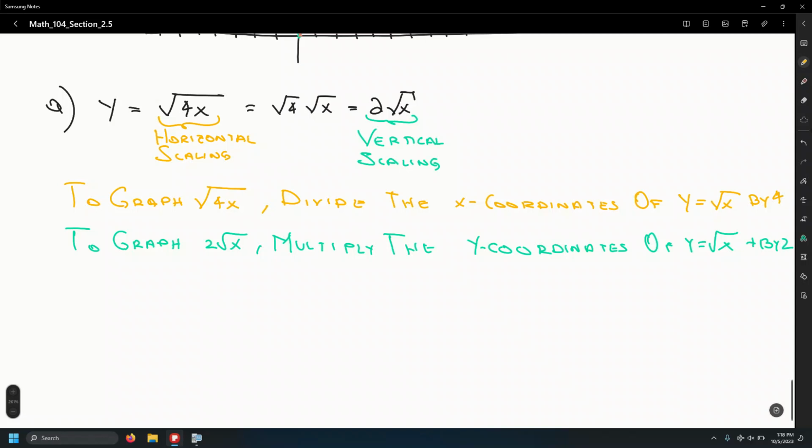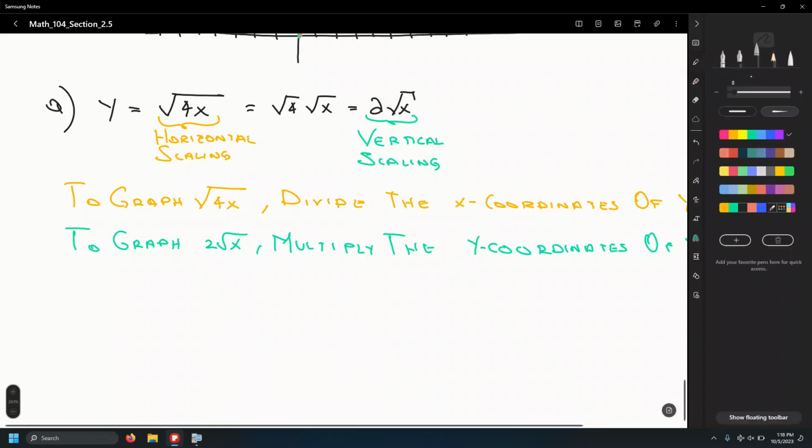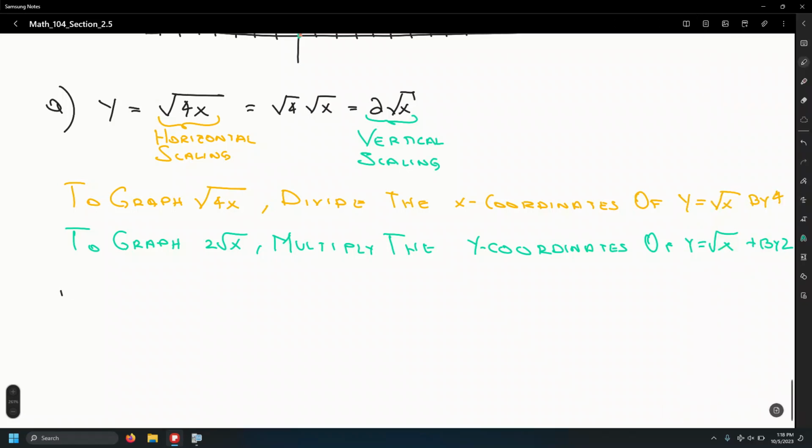Okay, so let's see. Letter B, for instance, y equals 1/3 x cubed. All right, 1/3 x cubed. In the end, isn't this the same as 1 over 27 x cubed, right?